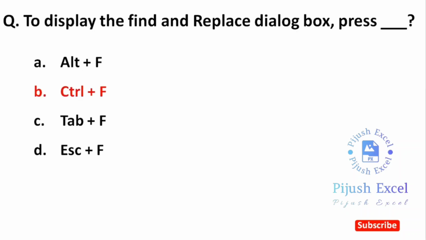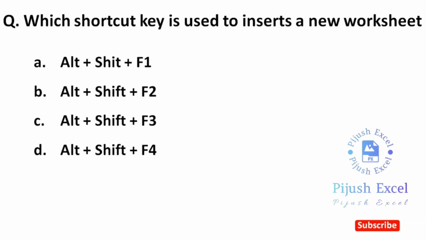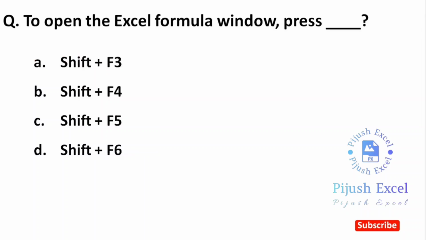Right answer option B. Next, which shortcut key is used to insert a new worksheet? Right answer option A. Next question, to open the Excel formula window press option A.